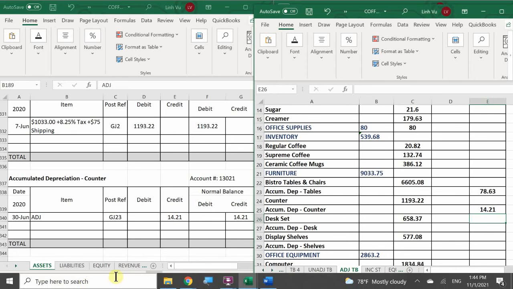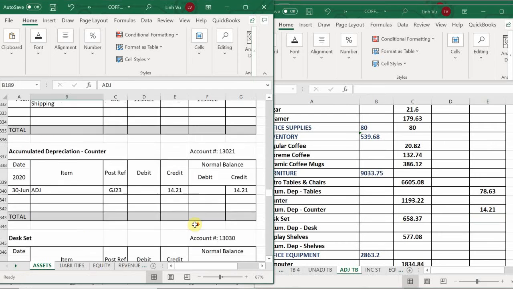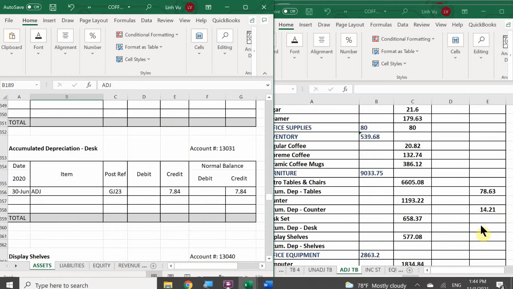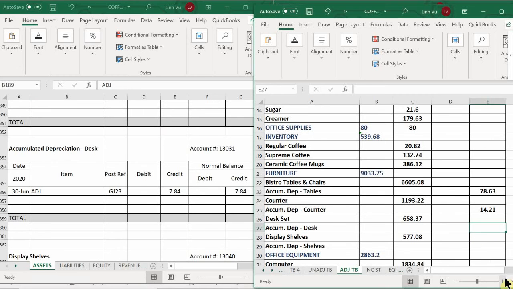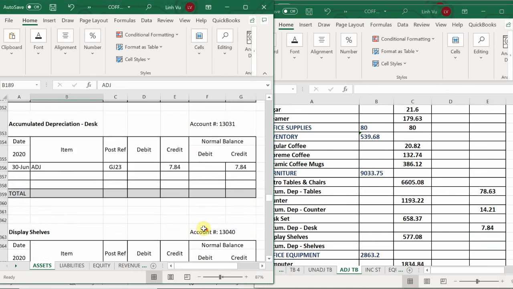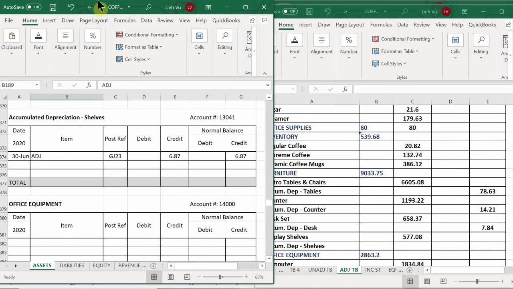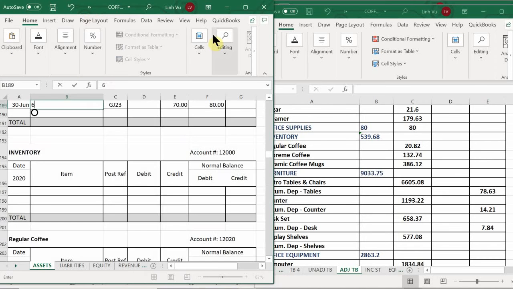What about my desk? $7.84. And then last but not least, my accumulated depreciation for my shelves is $6.87. Oh no, I changed something. I just don't know what it is.